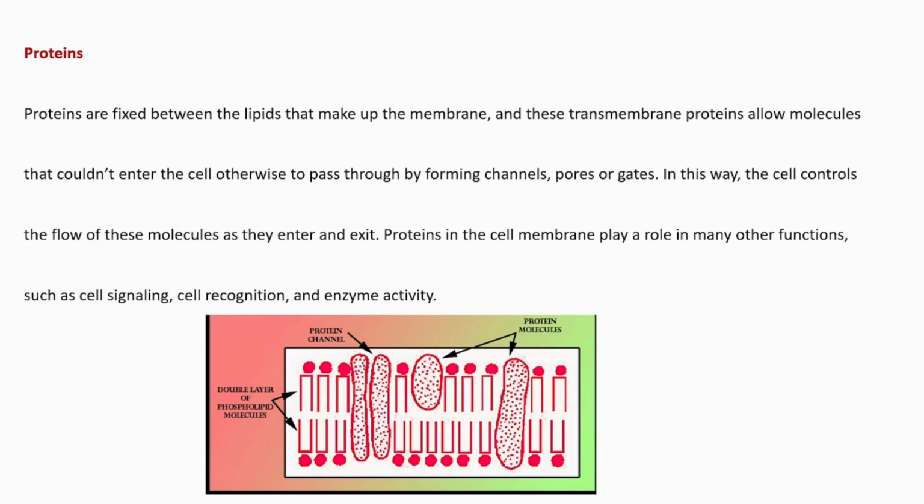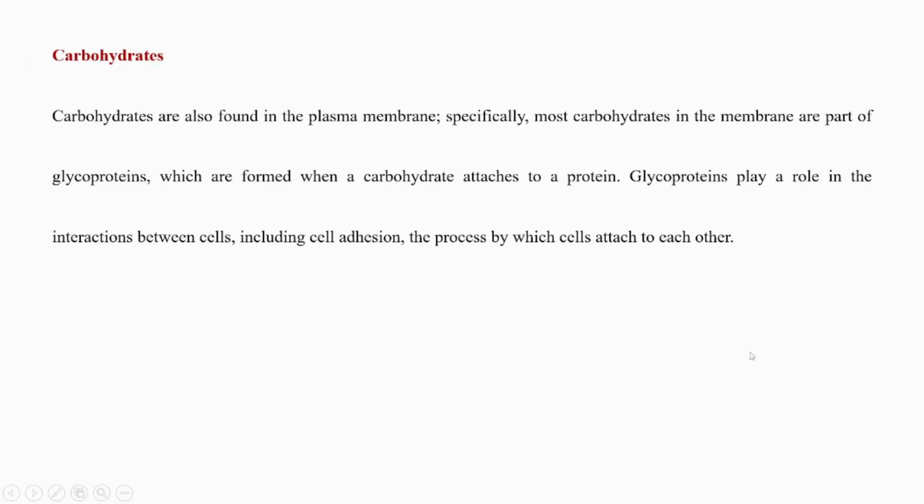So moving on to the proteins, proteins are fixed between the lipids that make up the membrane and allow certain molecules to pass through it. As we have seen here, even in this pictorial diagram, you can see protein channel which allows the passage or entry and exit of the various molecules. You have membrane protein which we have discussed, globular protein, carbohydrates.